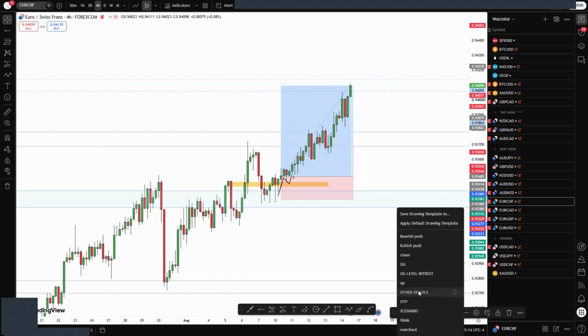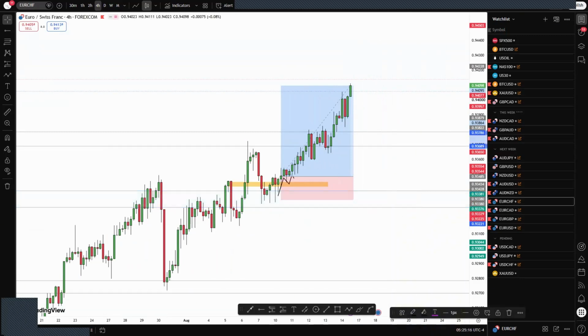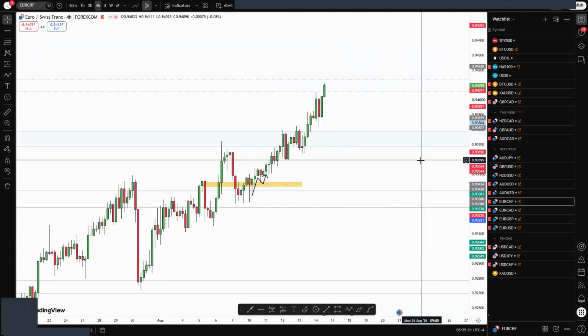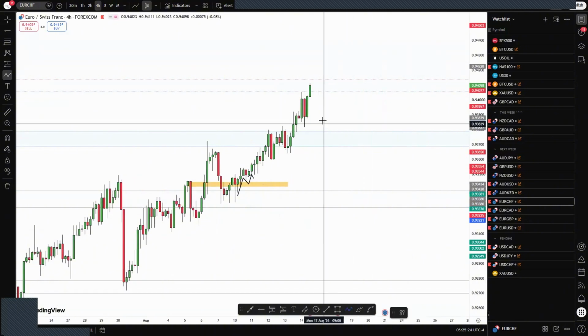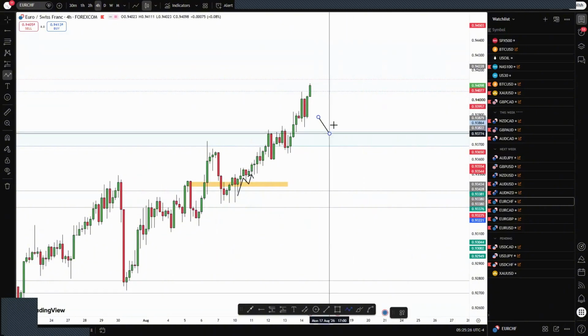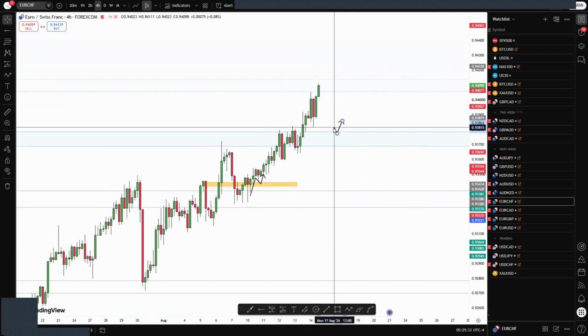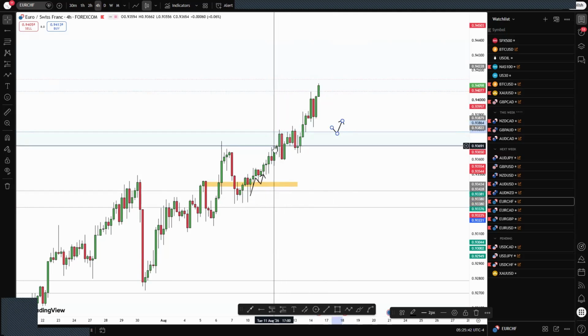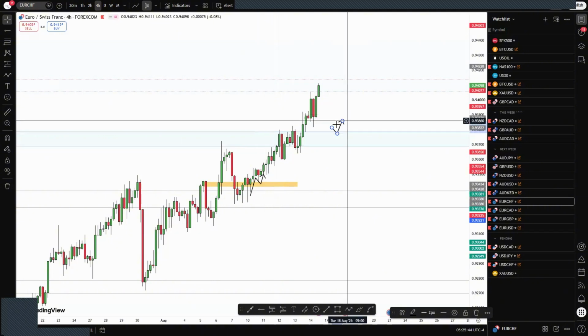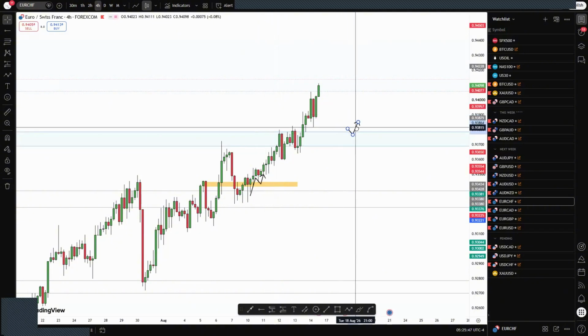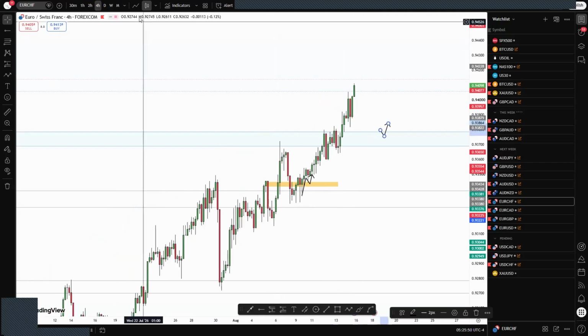This price has already passed this level. You can still look for buys. Price tests here and then gives us an entry, right? Because price has passed a new weekly level and a new daily level, so this can be a very stable point to look for buys.